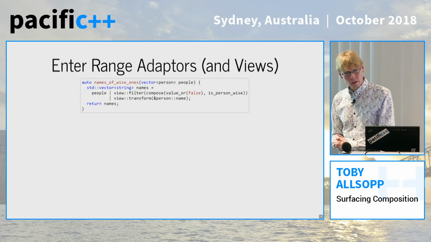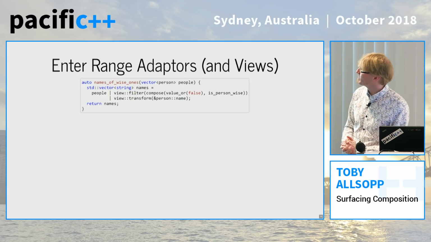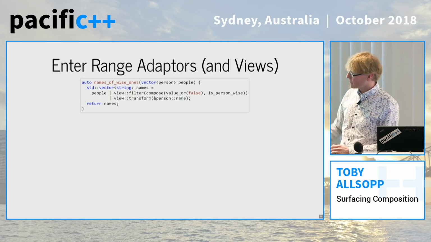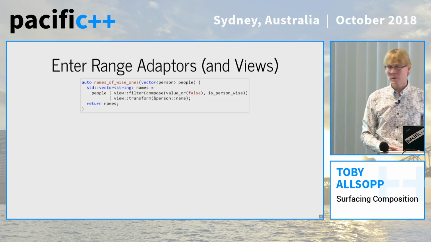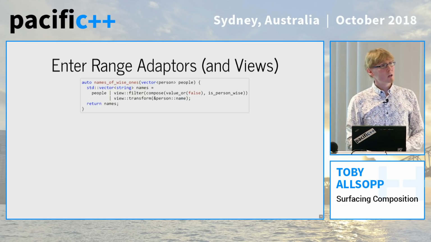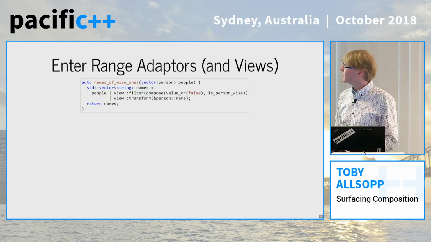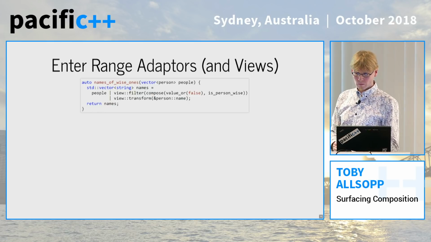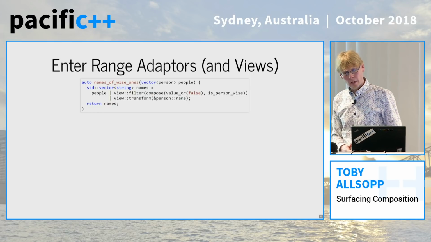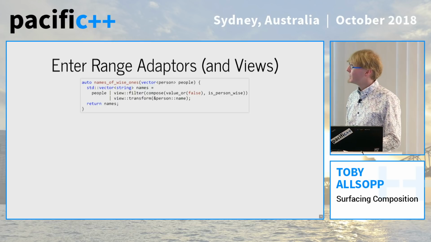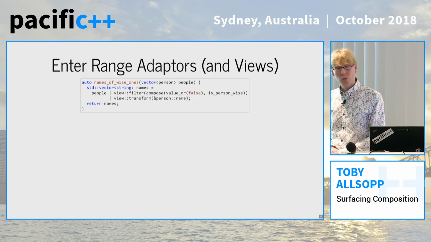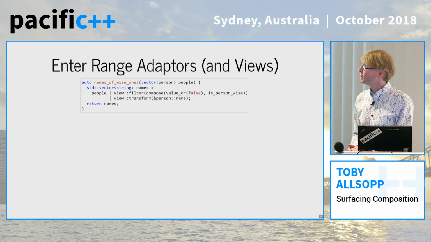So what we're using is filter and transform here in the view namespace. These are range adapters essentially from the range v3 library. They are proposed for standardization in C++.